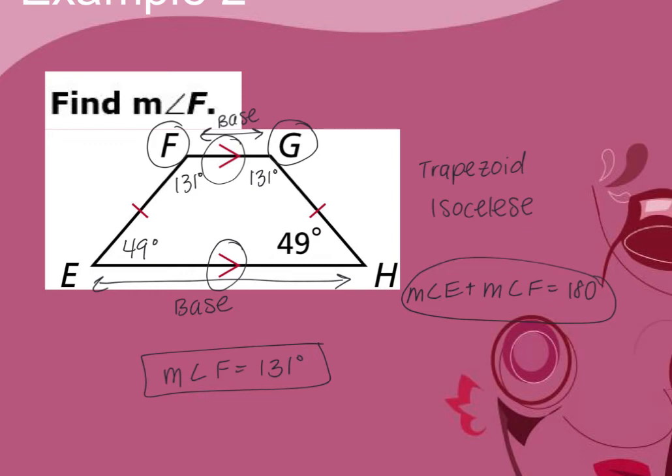The two angles that lie on the same base are going to be equivalent for an isosceles trapezoid. The two that lie on the same leg are going to add up to 180. Okay. You good?